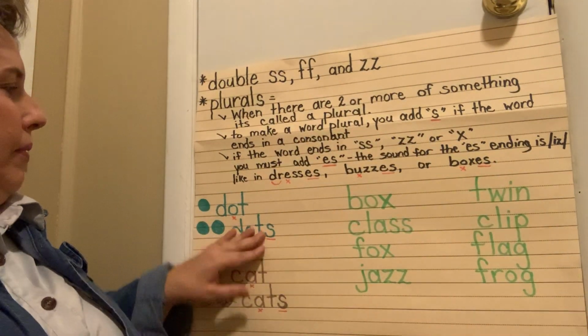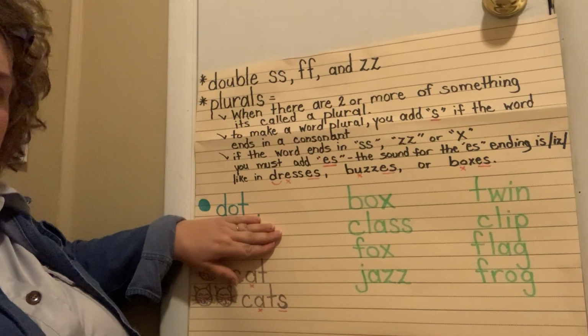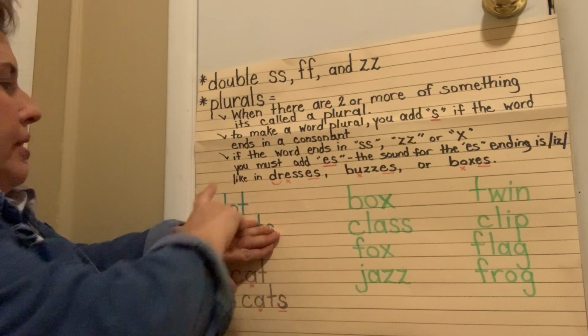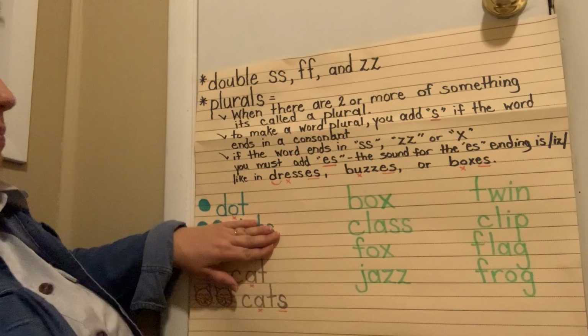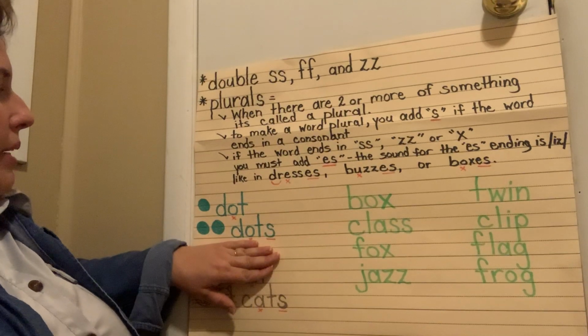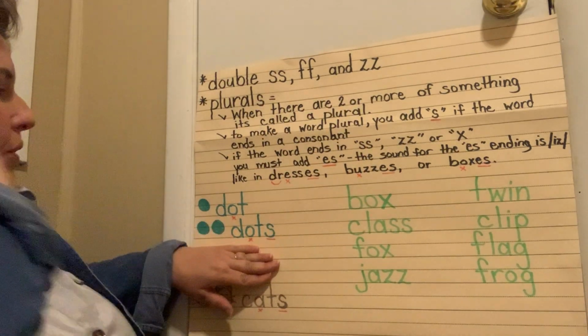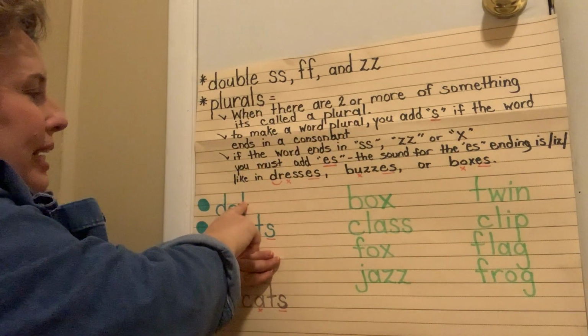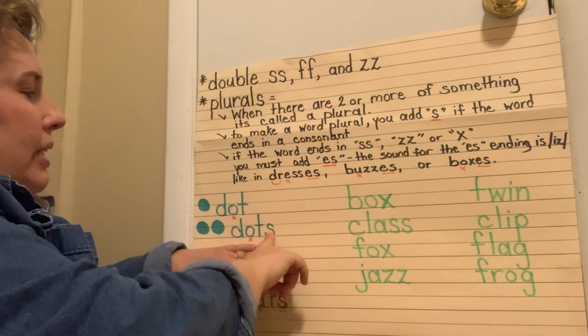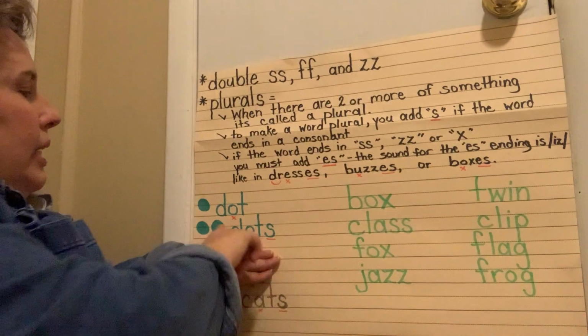Just like this right here. Look at this word. Dot. What's that word? Dot. One dot. But now I have more than one dot, and a T is a consonant, so I add an S to the end of that word to make it plural.